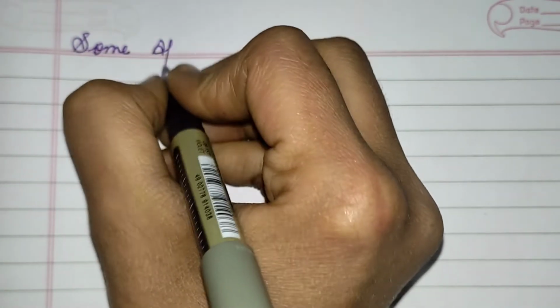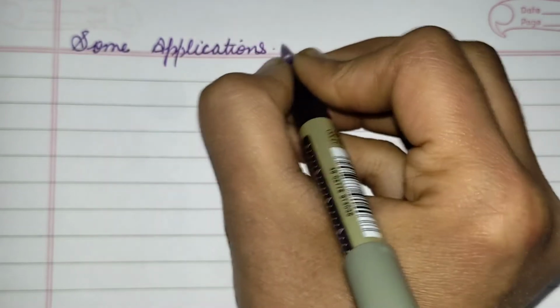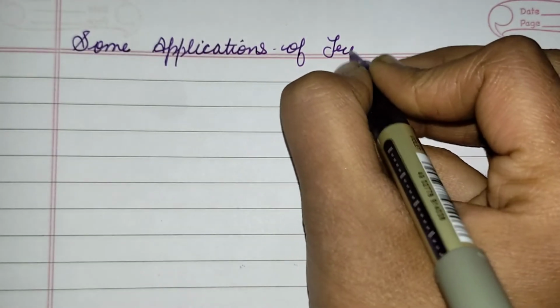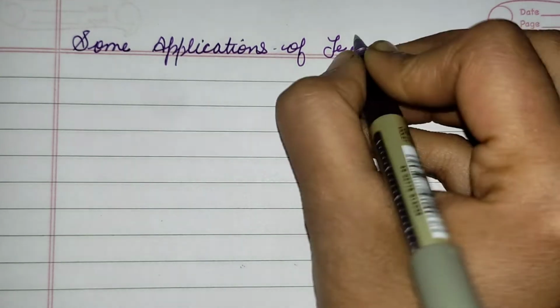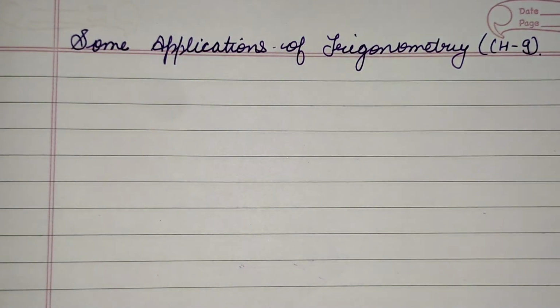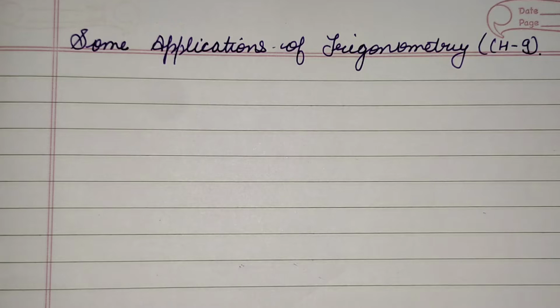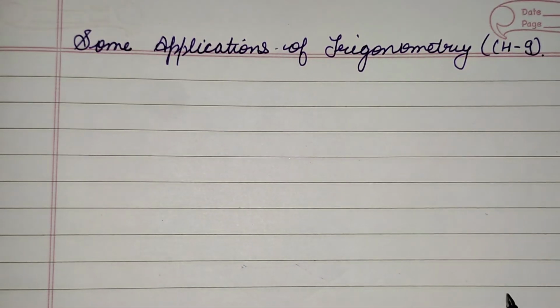So let us start today's topic, which is some applications of trigonometry, chapter number 9 of class 10th. You studied trigonometry in chapter number 8, where you also studied trigonometric ratios and the trigonometric table.